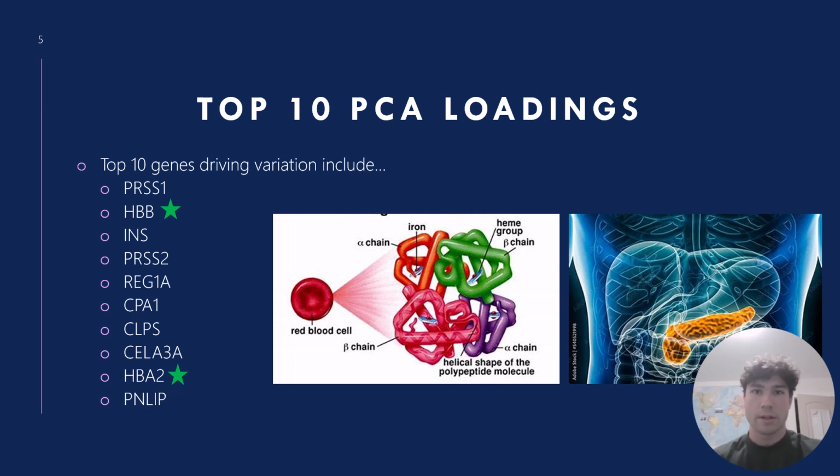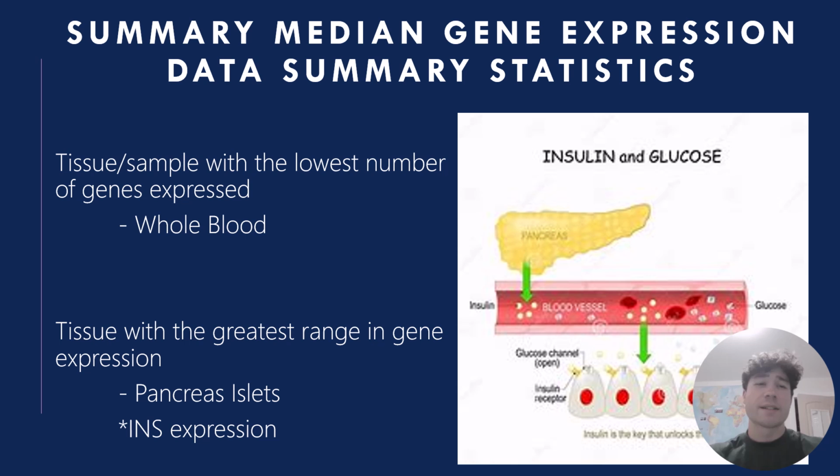Both of these are subunits of hemoglobin in red blood cells, and I found that to be a little interesting. To touch on that further, I also ran some summary statistics and found that the sample with the least genes expressed was actually whole blood, which could maybe tie back to HBB and HbA2 driving that PC1 variation.